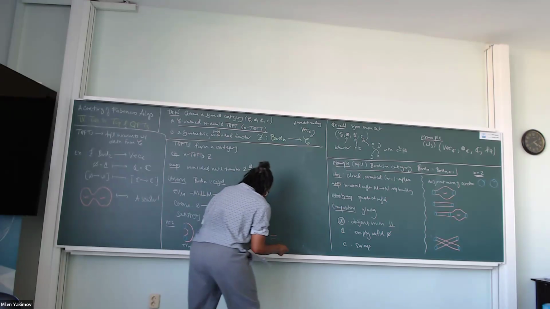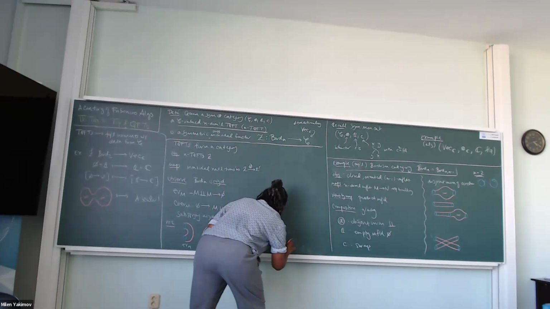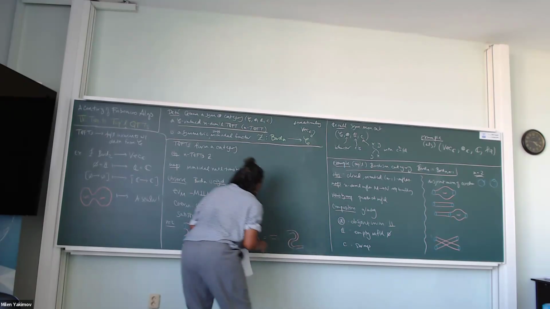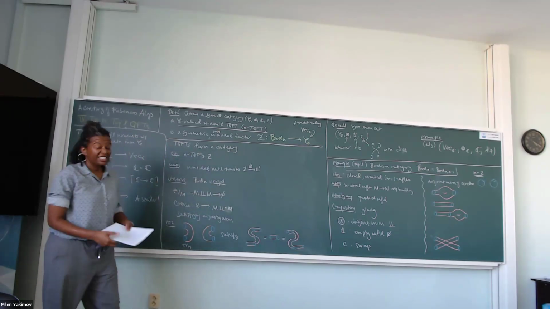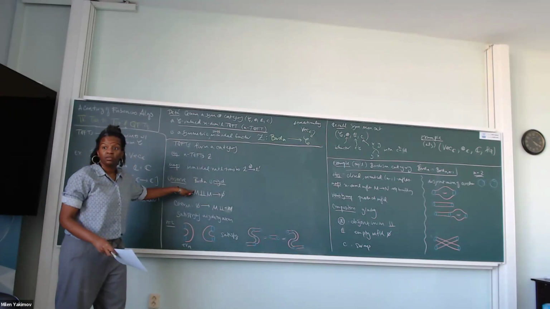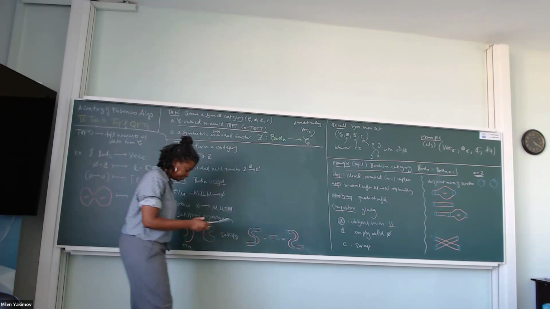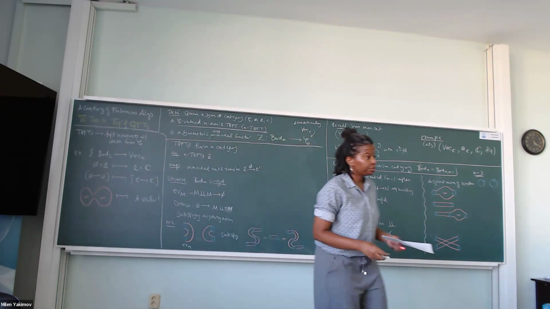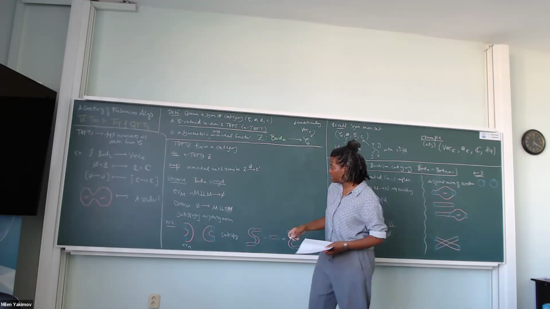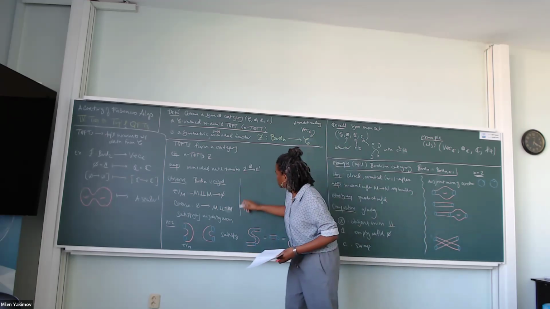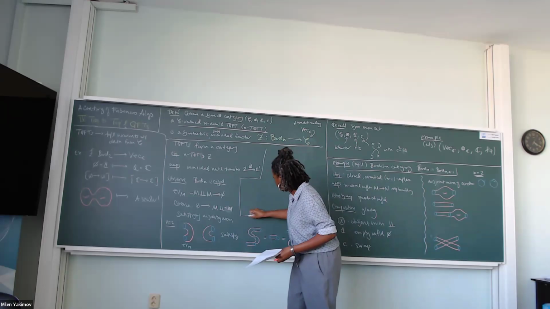And if I do my whole co-noodle down here, and my noodle here, that's also equal to the identity. So this category is rigid. The dual of an object is the same object with different orientation. Okay, so why are we even saying this?